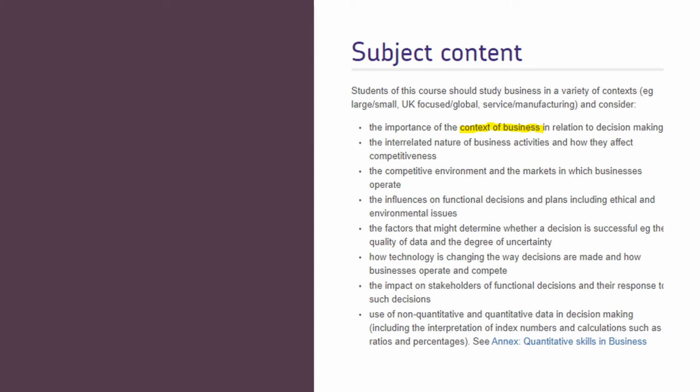It's important to understand a business's competitors also, and how environmental and ethical issues impact businesses. It's a big topic when it comes to paper 2 and 3, when understanding context.